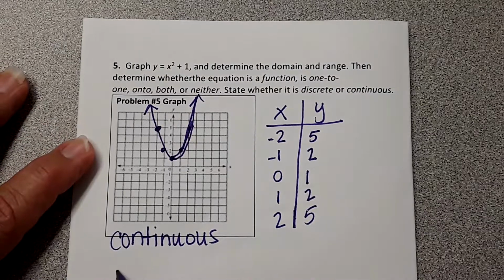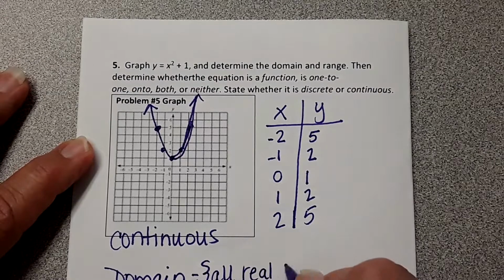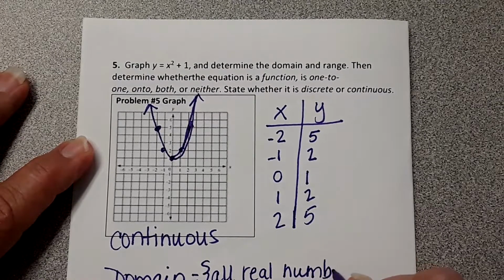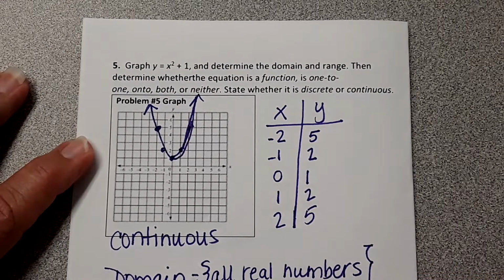So the domain would be, believe it or not, all real numbers. And it's all real numbers because you can put any number in there, you guys, and it will work. And then our range is going to be that lowest point.